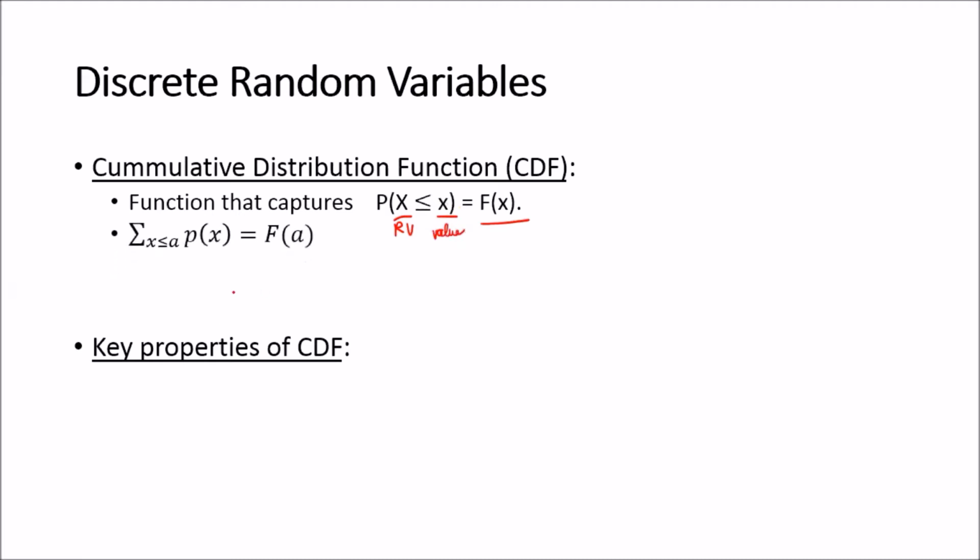The formula for that is the summation of all these values that are less than or equal to some value of interest a of the probability mass function, which we then sum and we get this to be that function. It's the F of a, capital F of a. That denotes the cumulative distribution function.